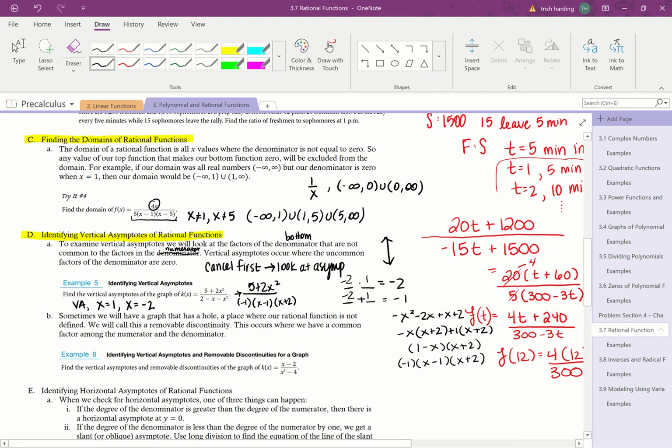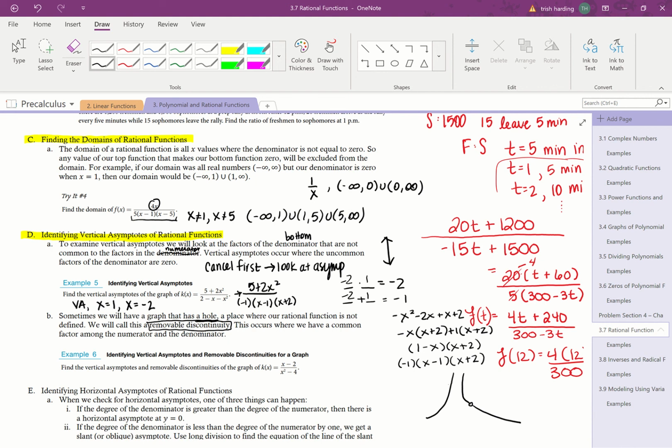Sometimes we will have a graph that has a hole. So it will appear to look like a normal graph, except there will be that infamous open circle. This is called a removable discontinuity. And it's called a removable discontinuity because it will be a common factor among the numerator and the denominator.